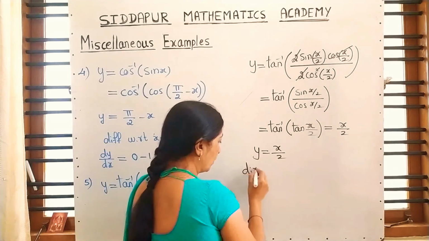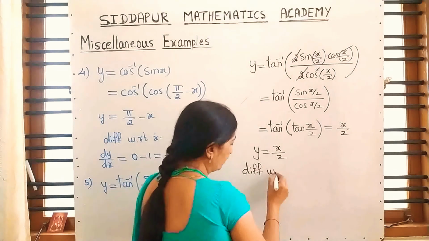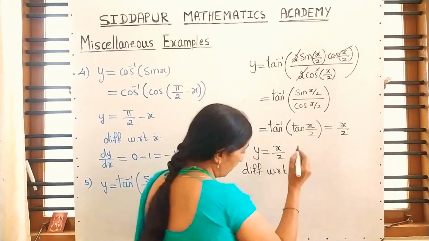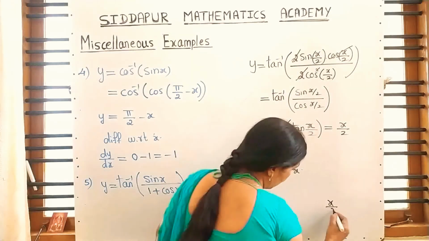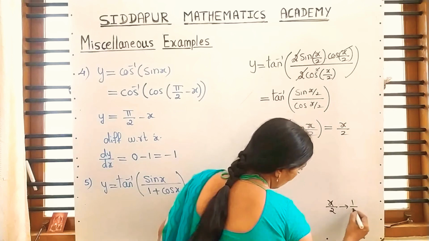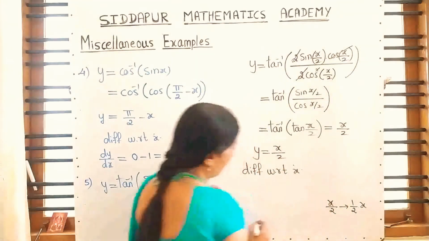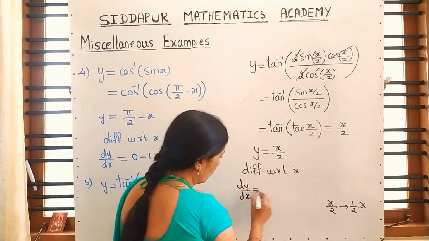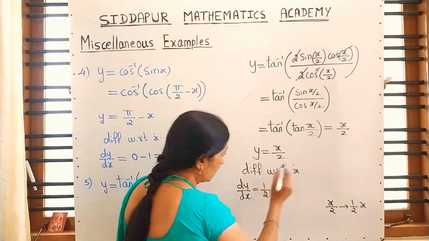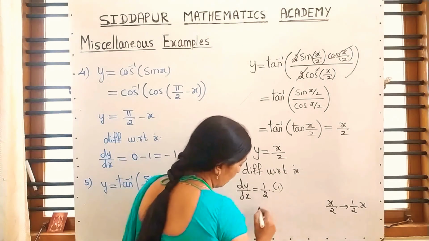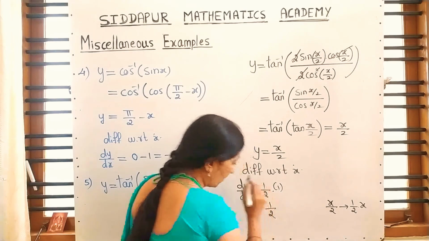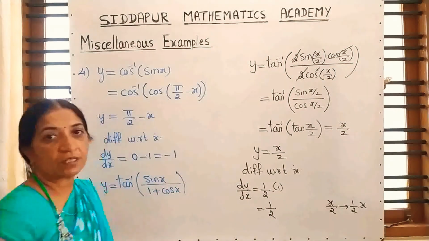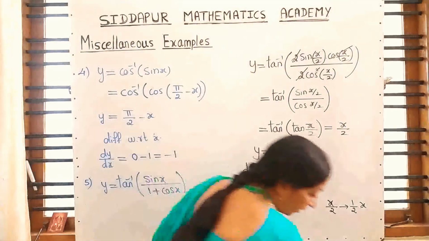Now differentiating with respect to x, already you are familiar. X by 2 will be written as 1 by 2 into x. So dy upon dx is equal to 1 by 2 constant, differentiation of x is 1. That means your final answer is 1 by 2. See, is the sum interesting and simple or what? Yes.